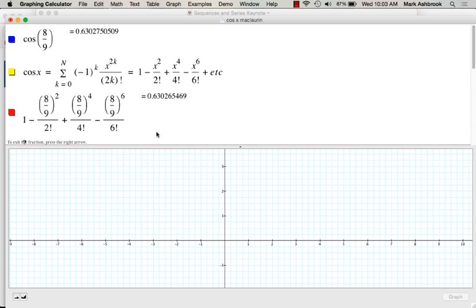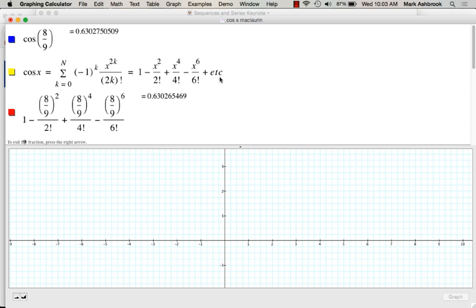The fourth partial sum is correct to how many decimal places? 4 or 5 even. So what about the sequence? What has to be true about this sequence?